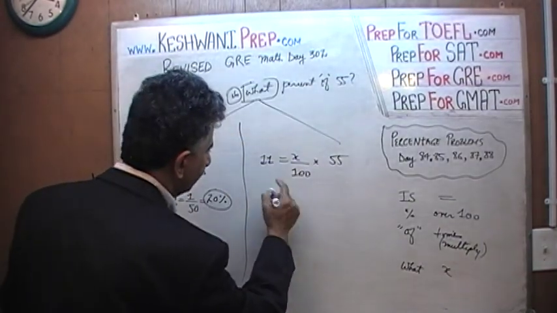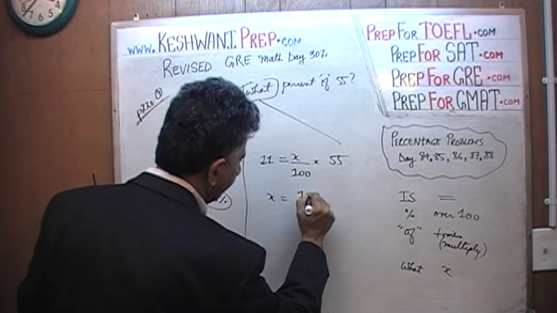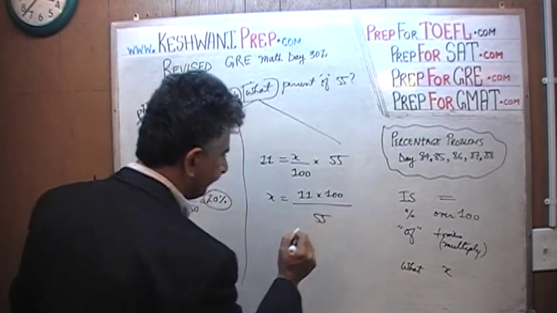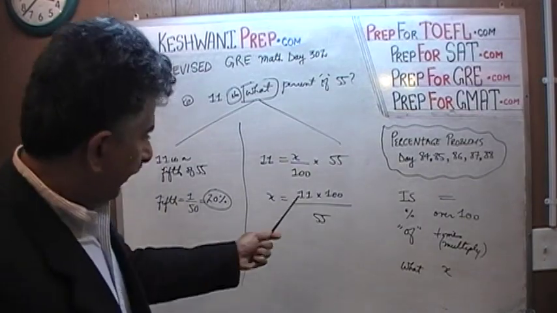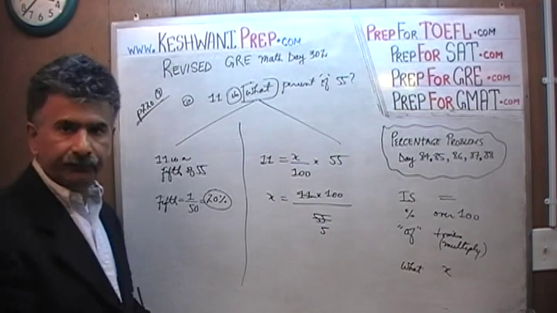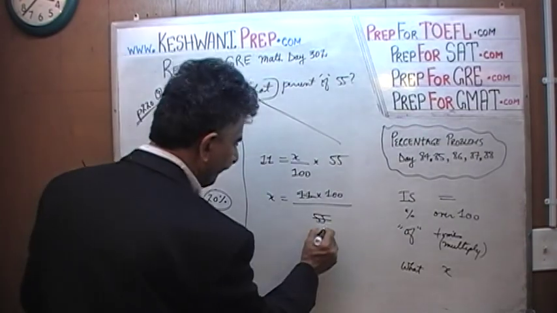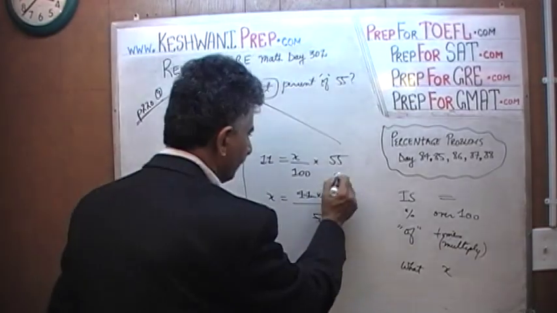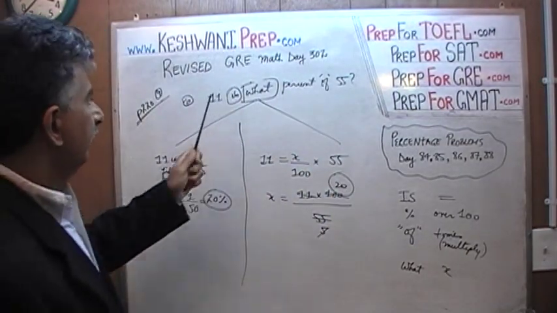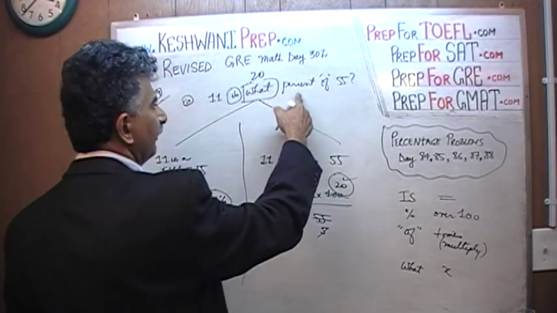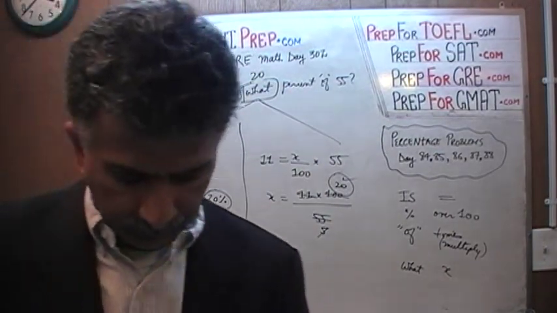So x equals 11 times 100 over 55. Divide top and bottom by 11. 11 drops out and 55 becomes 5. Then divide top and bottom by 5, and 100 becomes 20. So there we go, we found the answer of 20. 11 is 20% of 55. That was the end of that problem.